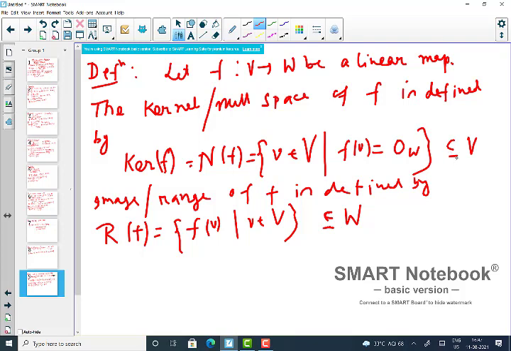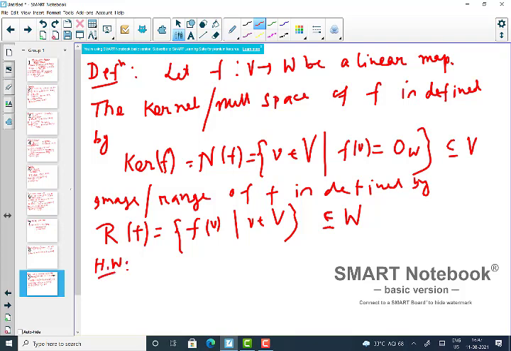Now recall what a subspace is. Subspace means it itself is a vector space. Also you can prove subspace by other properties: the zero vector is also inside the subspace, and it is closed under addition and closed under scalar multiplication. So you have the properties to prove something is a subspace. So this is homework.